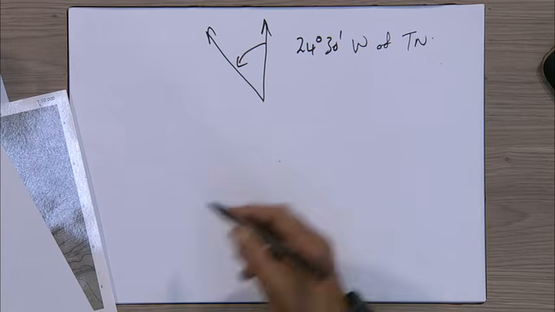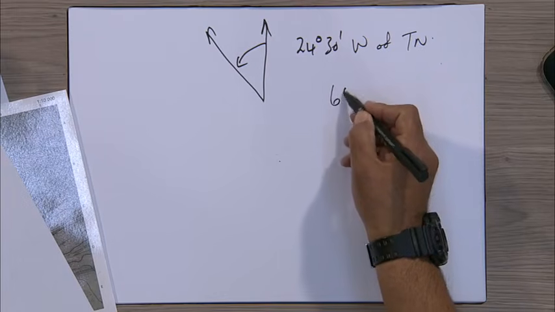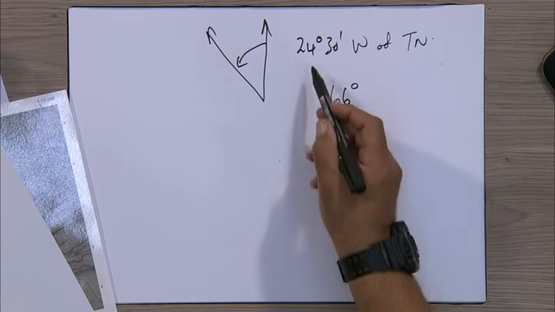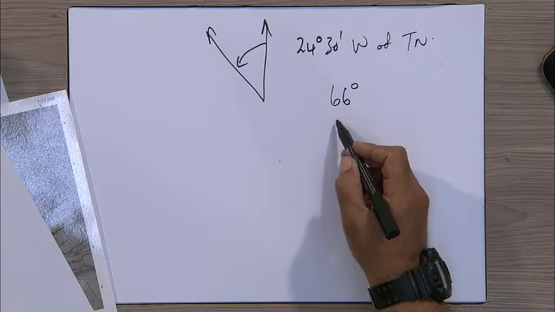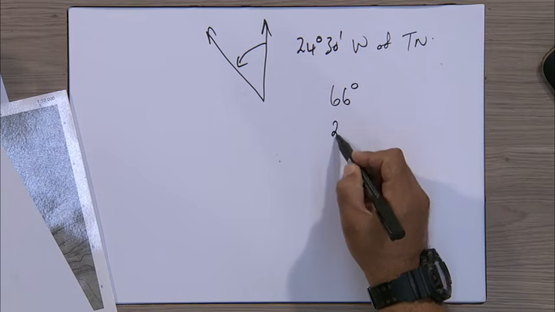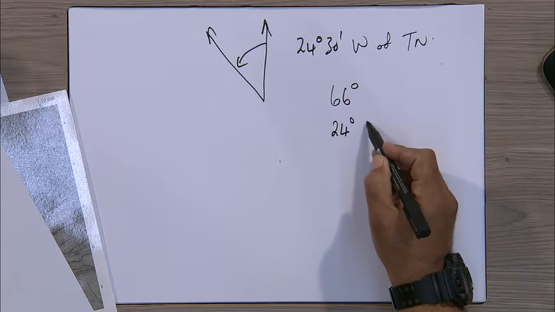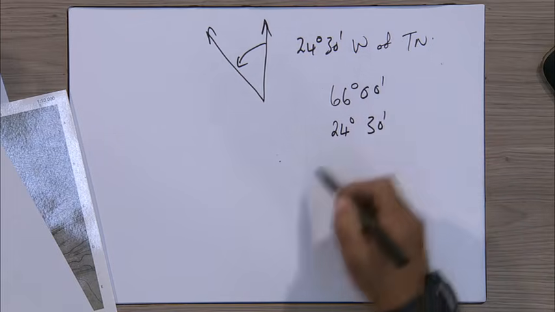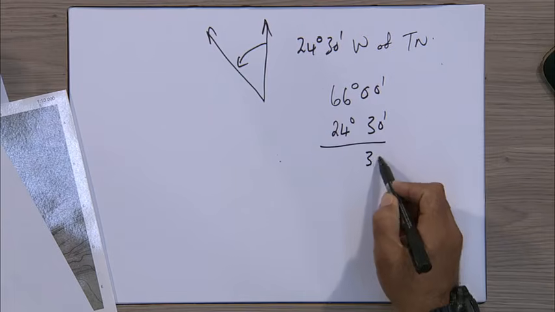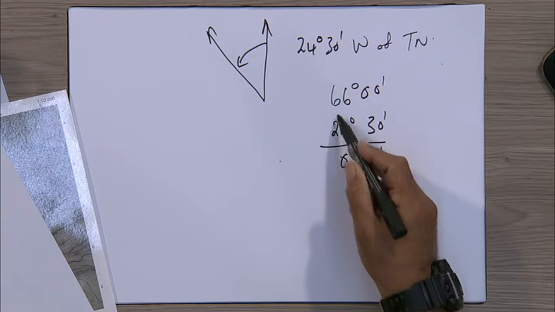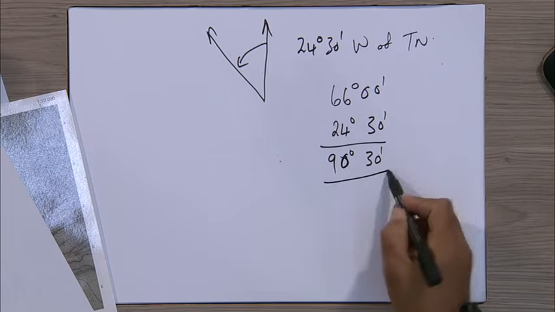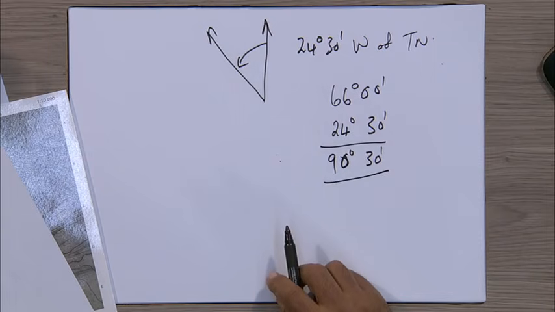So in the first example that I did, I got a bearing of 66 degrees. Then all you do is you add the magnetic declination. So 66 degrees plus 24 degrees and 30 minutes, that can be written as 66 degrees 0 minutes, will give me 90 degrees and 30 minutes as my magnetic bearing.